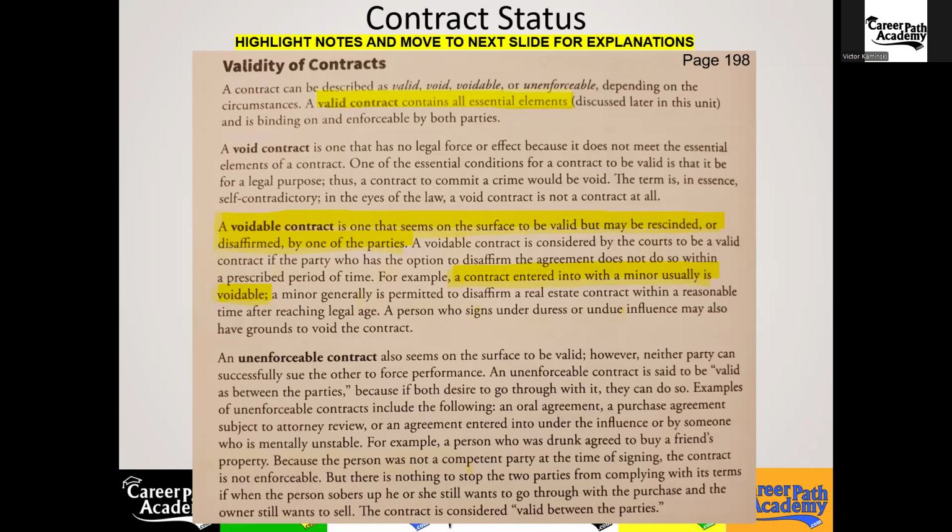So therefore, the contract is not enforceable by either party. However, if when they sober up, they both wish to remain in contract with each other, the contract is valid between the parties and they could perform. There's nothing to stop them from fully performing it. But one party can't sue the other to perform.